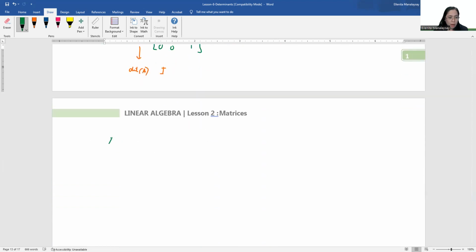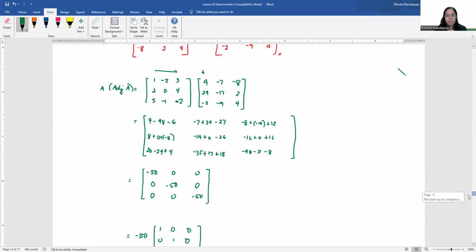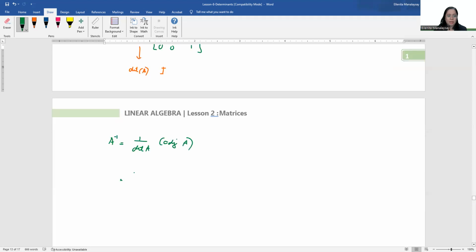So, applying that, A inverse is equal to 1 over the determinant of A times the adjoint of A. In the previous example, the determinant of A is negative 50. So, 1 over negative 50 times the adjoint.